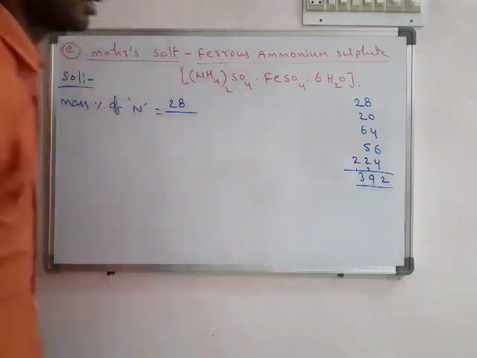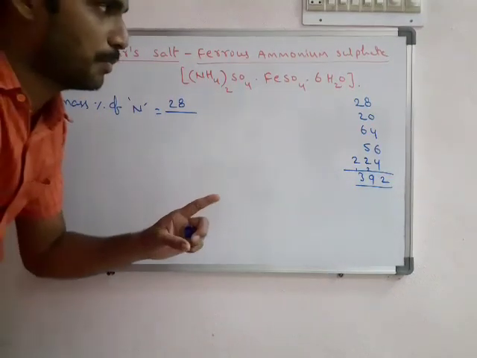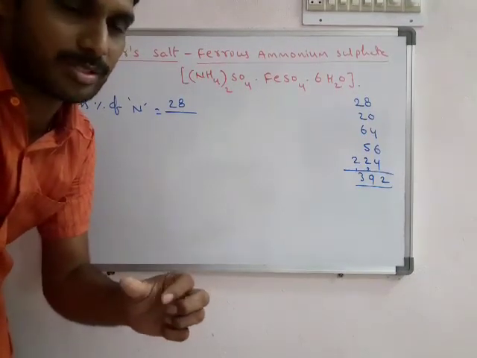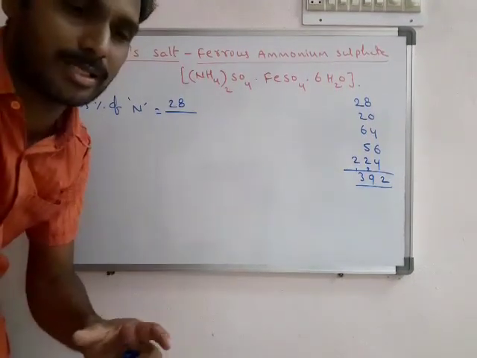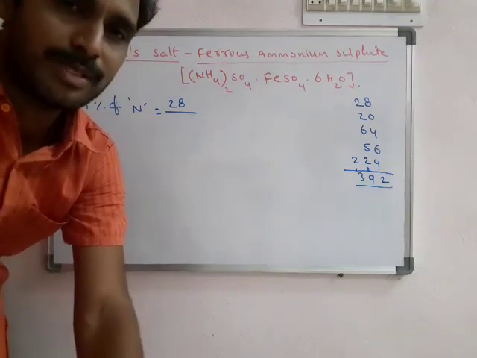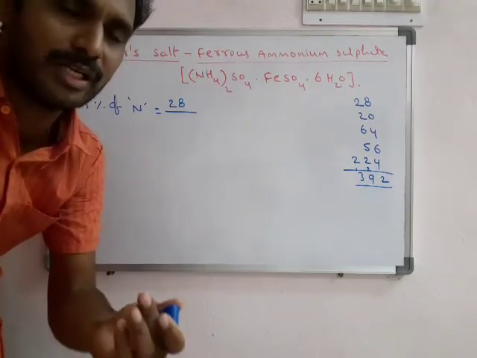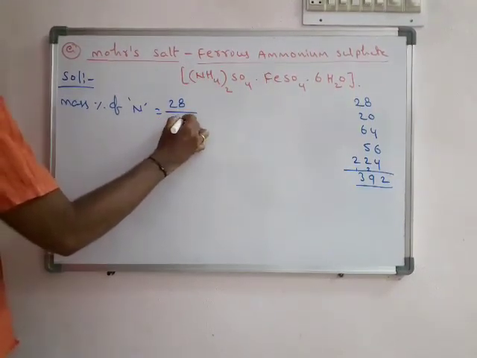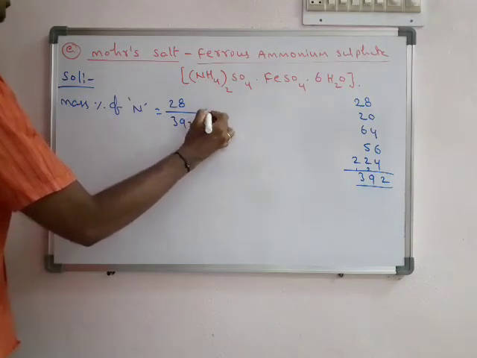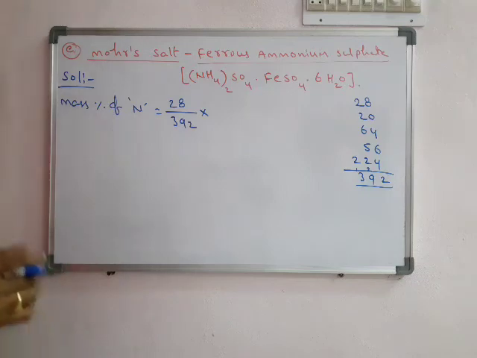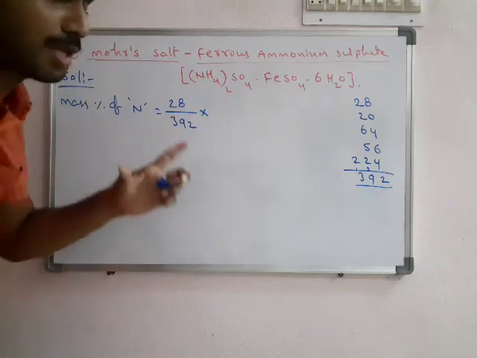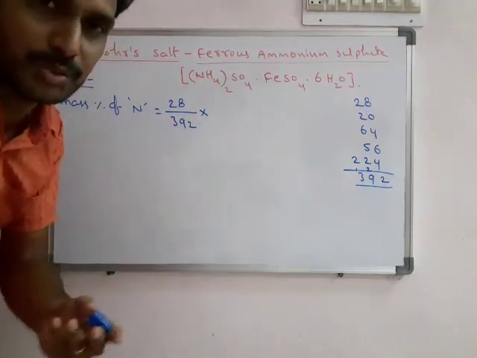Okay, Morse salt. For these compounds in exams, it becomes a very time-consuming process to calculate the total molar mass. So it becomes easy if you remember the molar mass of different compounds. The given compounds in our book are very important compounds, so you need to remember their molar mass. For example, Morse salt, simply remember 392.